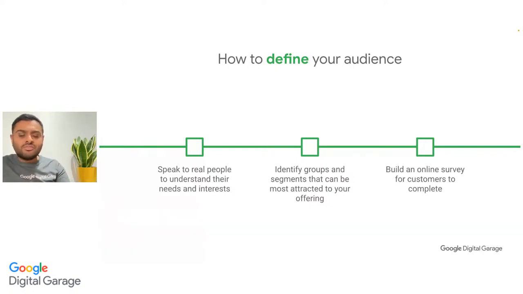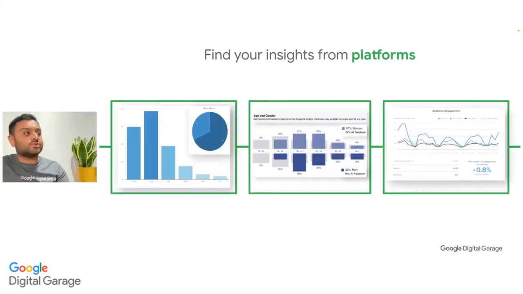Now, there are some online tools to help us answer these who, what, why questions that we saw as well. They are the insight tools that are available out there. For some of you, you might already have a YouTube channel, or a Twitter account, or a Facebook business page, for example.